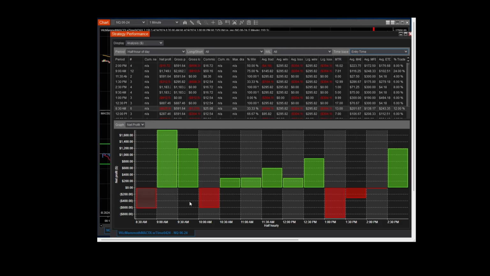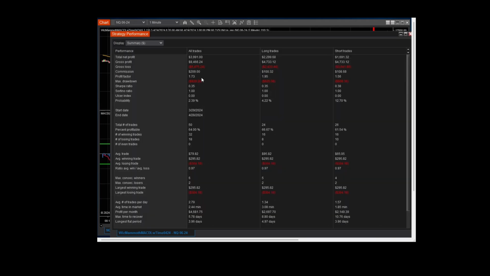You don't want to trade from 9 to 9:30, then stop trading, and start trading again from 10:30 to 12:30, and after 12:30, just forget about the rest, because basically it's a wash right there, based on the last 30 days of analysis.